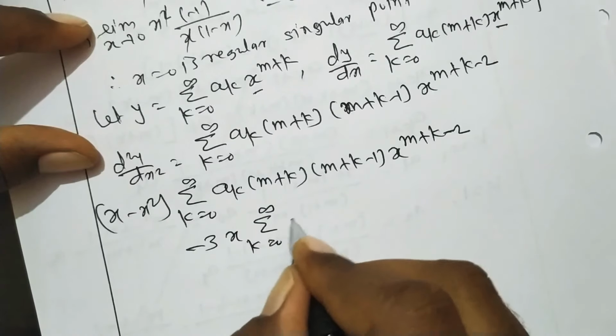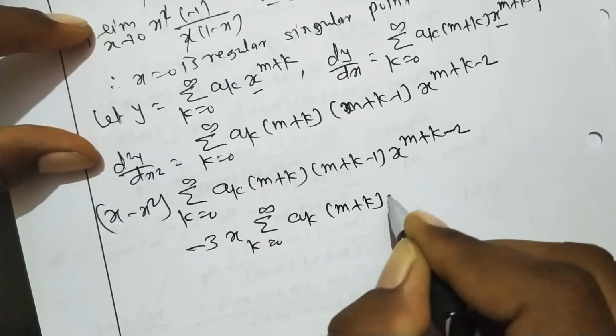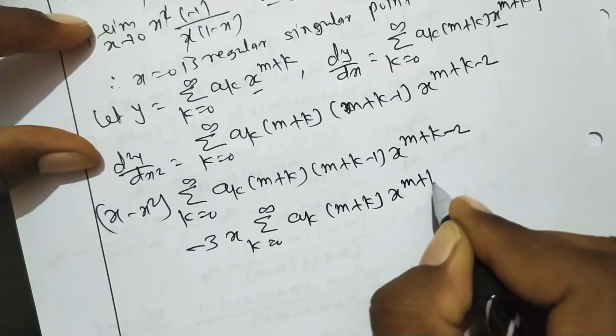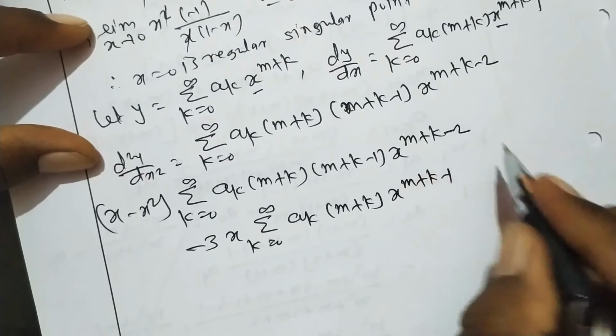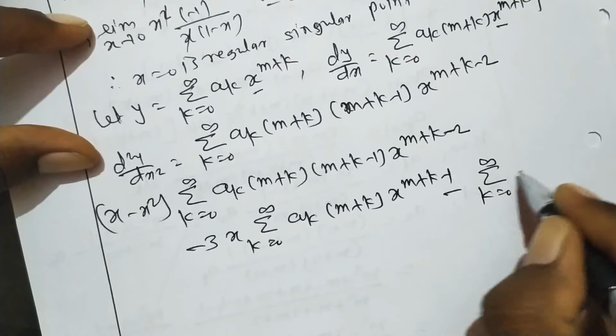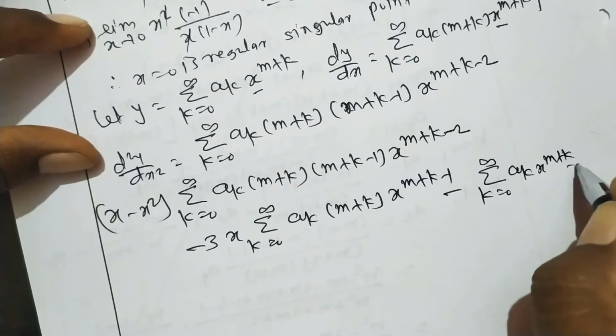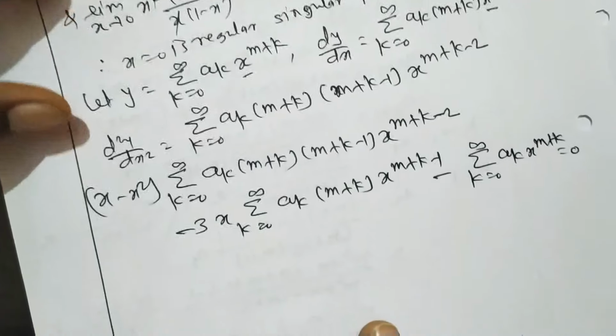What is the value of dy/dx? a_k (m+k) x^(m+k-1), and minus y is the summation of k from 0 to infinity a_k x^(m+k) equal to 0.